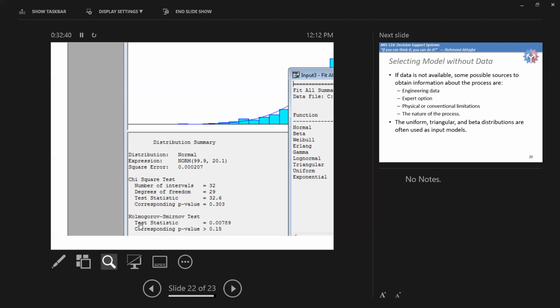Because next time you'll go to Arena and you want to capture that process, you will enter exactly this line, NORM(99.9, 20.1). If instead the best fit had been exponential, you would have seen EXPO with a single value, because it just talks about lambda. EXPO(1.5) or something like that, the inter-arrival rate.